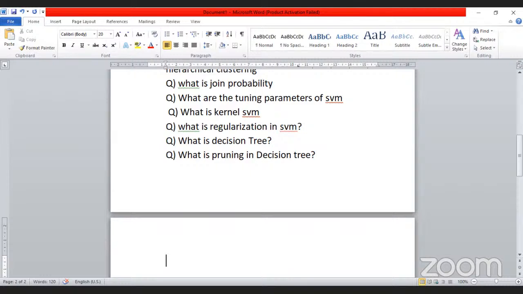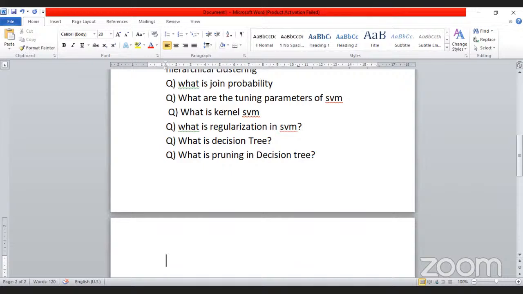We have pruning. Okay, pruning is used to overcome the overfitting issue. In pruning we cut out the nodes that are not giving us much information. Okay, with the help of that we can avoid overfitting.